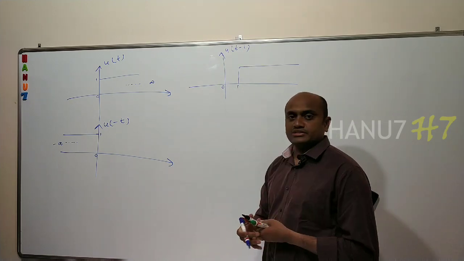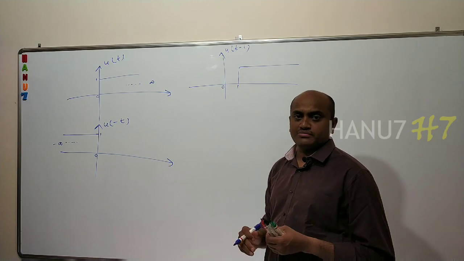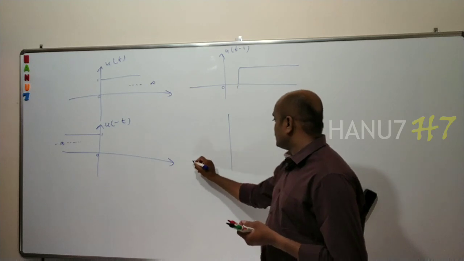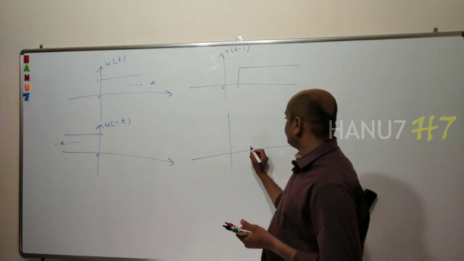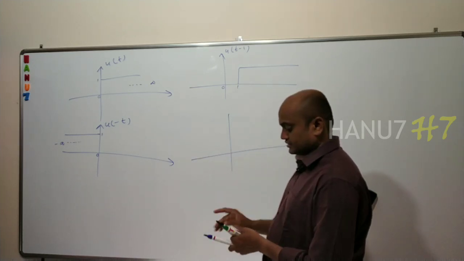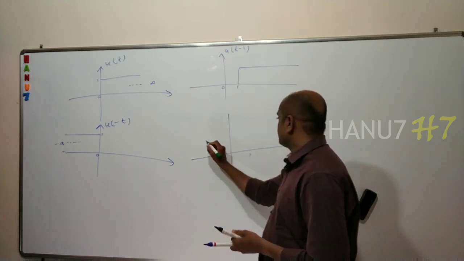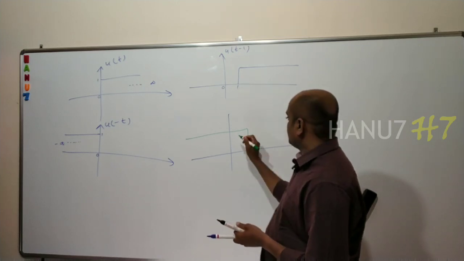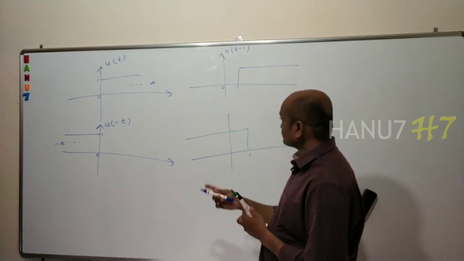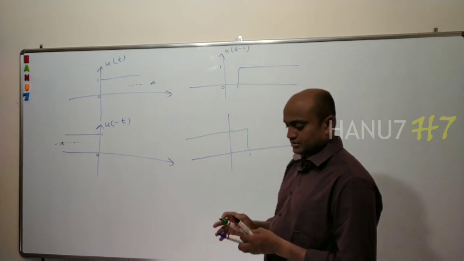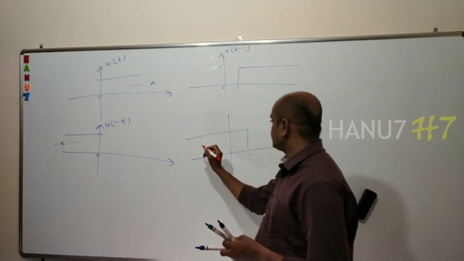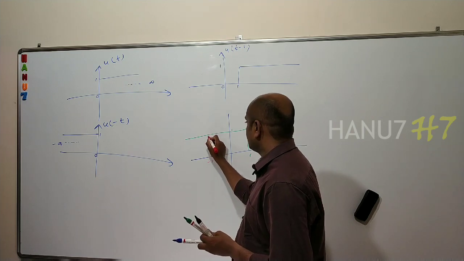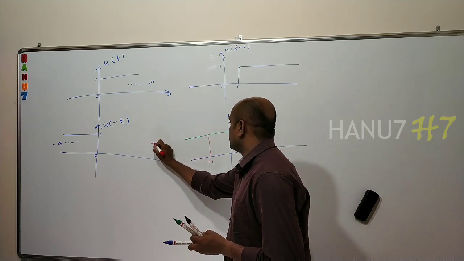Now on this signal, if we perform folding operation, how does the signal look? Whether it is like this, amplitude is 1, here also amplitude is 1, or whether it is minus 1, like this.